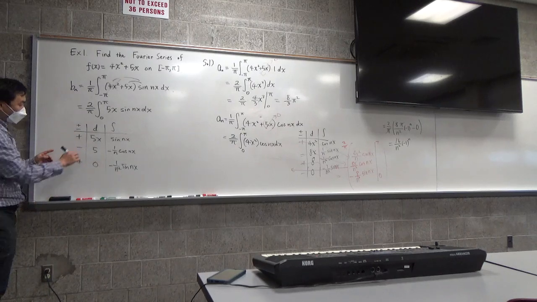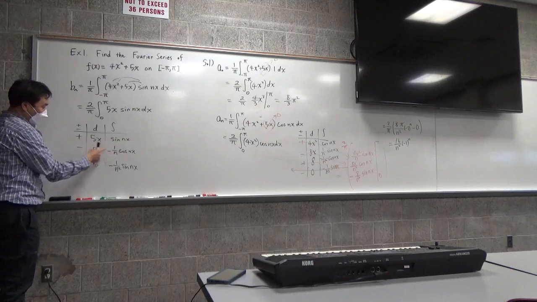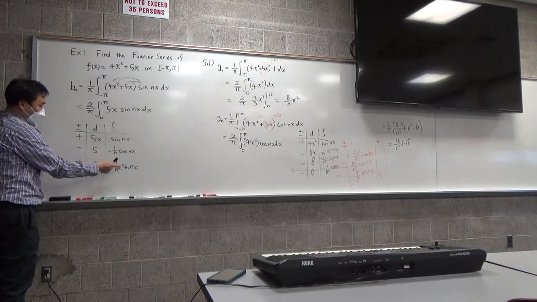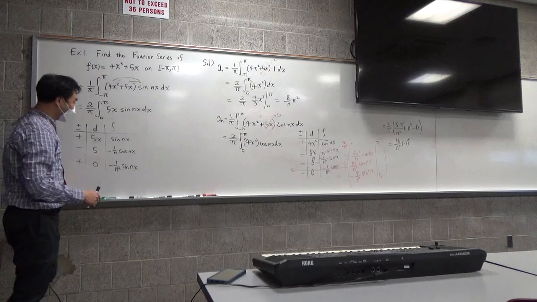And from here you should be able to read off that it's 5x times this and negative 5 times negative. Last line doesn't count.